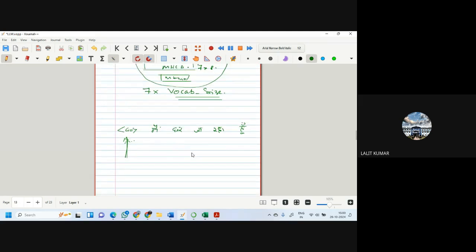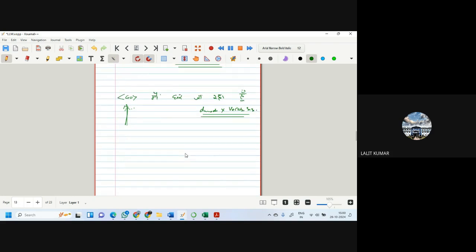Now the output layer size will be D model into vocab size. So that now, for example, I take मैं, it had only 8 dimensions, but now it will have 20 dimensions. So it will have 20 values.